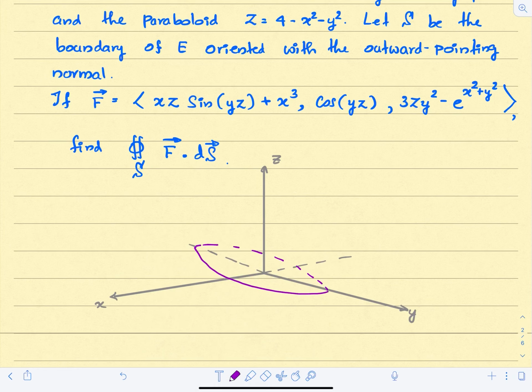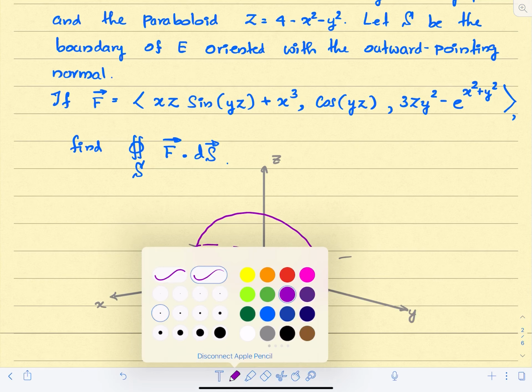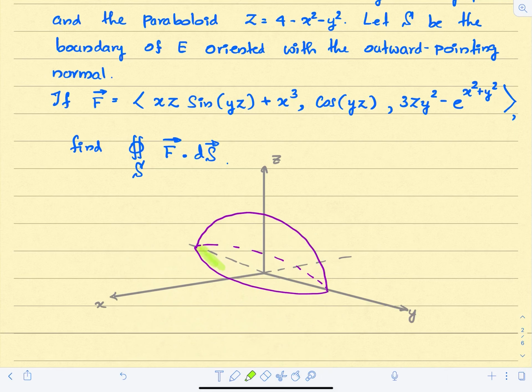You may see a paraboloid like this. And this is a closed surface because this paraboloid is bounded below by the xy plane. This is the closed paraboloid.